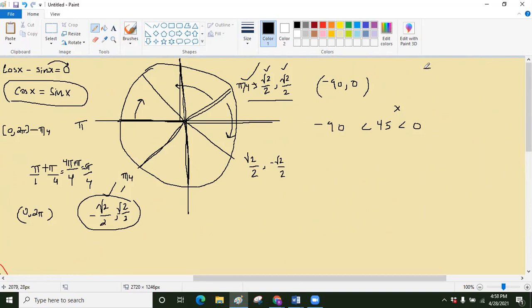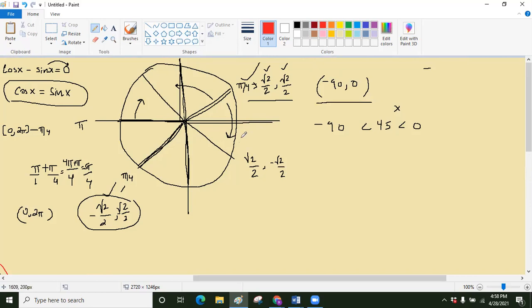These are positive angles, and none of them are negative. And so neither pi over 4 nor 5 pi over 4 are on this particular interval, which means there are no solutions. But then we're eager to think, what if the angle is coterminal by chance?